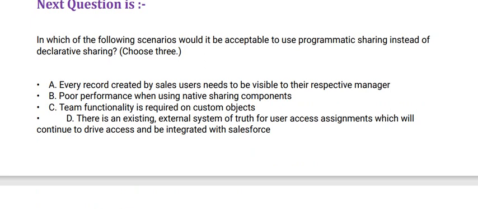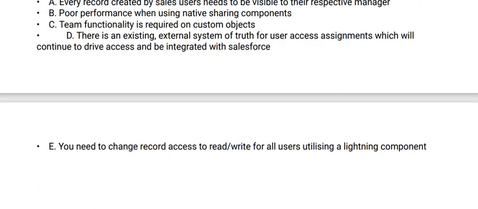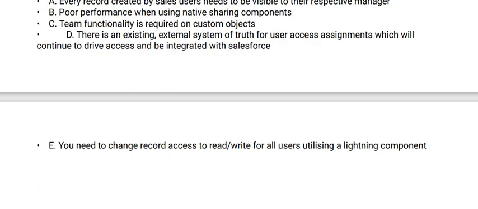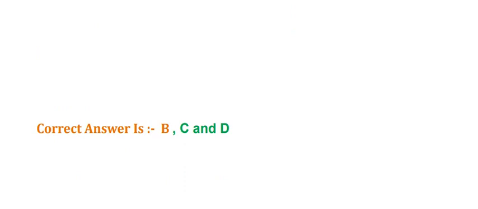Option D: There is an existing external system of truth for user access assignments, which will continue to drive access and be integrated with Salesforce. And option E: You need to change record access to read/write for all users utilizing a Lightning component. The correct answer is option B, C, and D.